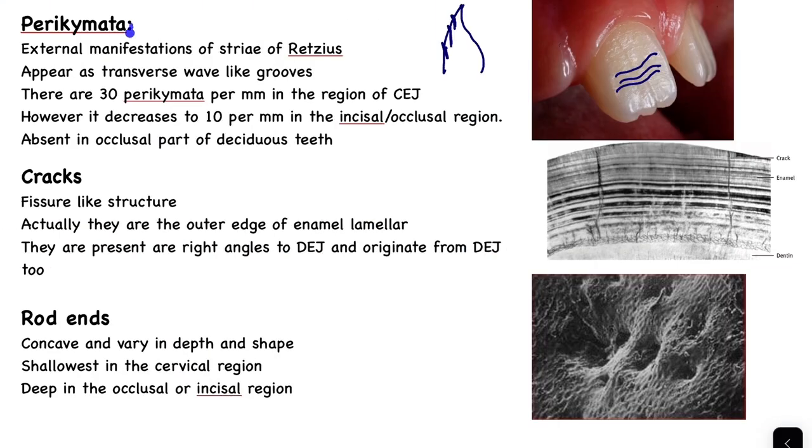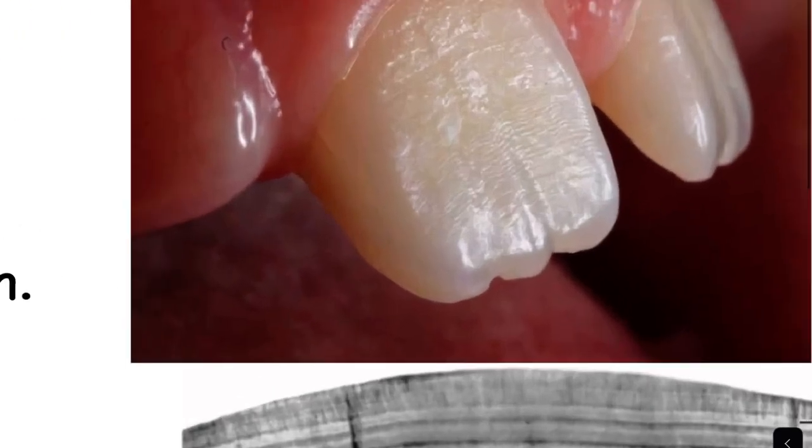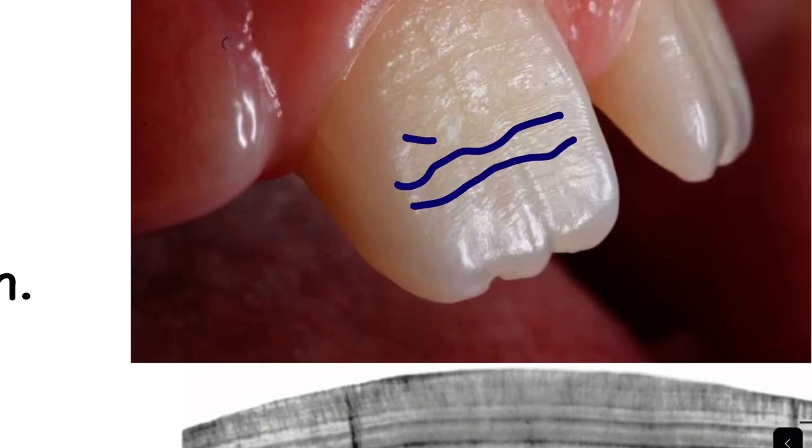Moving on to the surface structures, perikymata. What are perikymata? They are external manifestations of the striae of Retzius. What that means is that the striae of Retzius will bulge slightly. The line will show a slight bulging on the outer surface, and it appears as these transverse groove-like, wave-like structures.